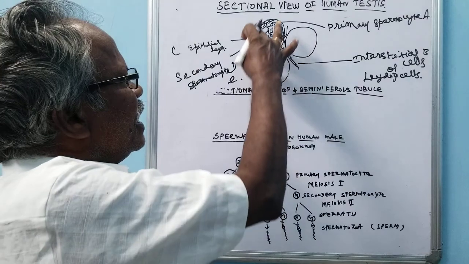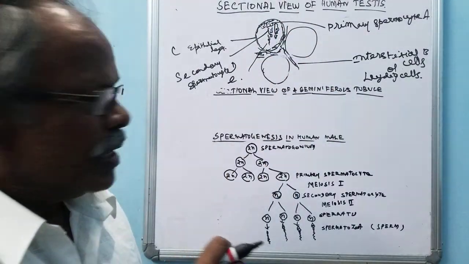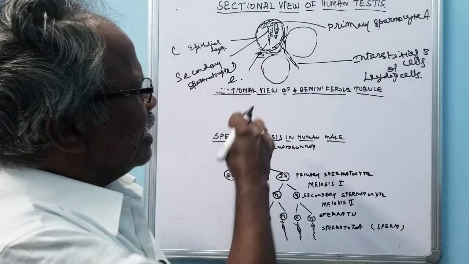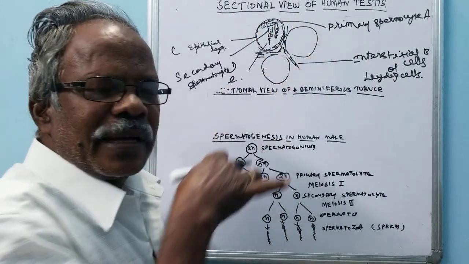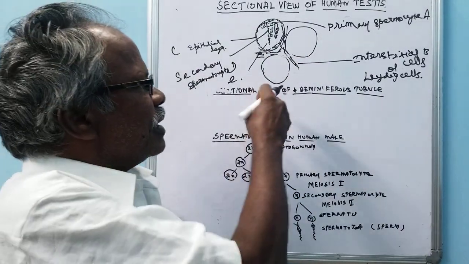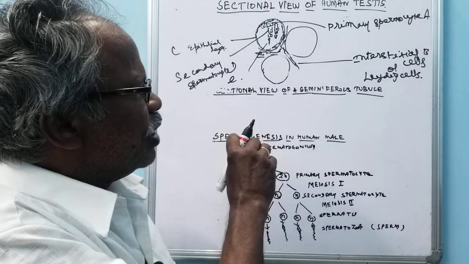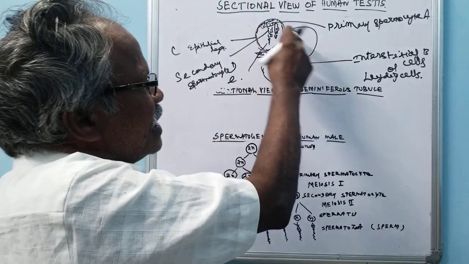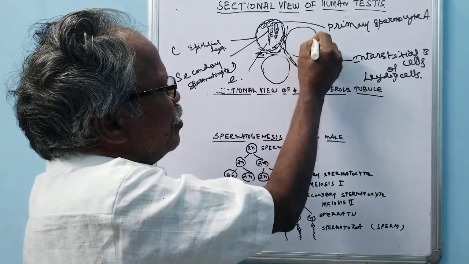So that is the structure of the sectional view of human testis. The seminiferous tubules are lined by epithelial cells, and in between the tubules are the interstitial cells.